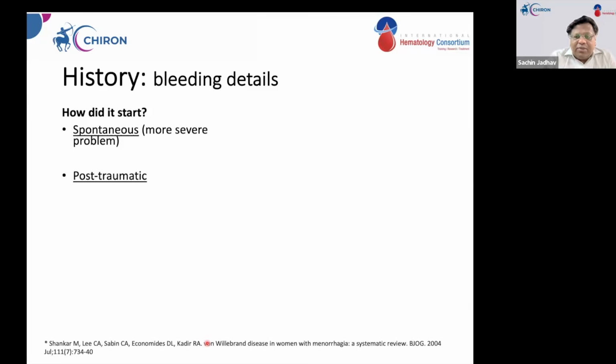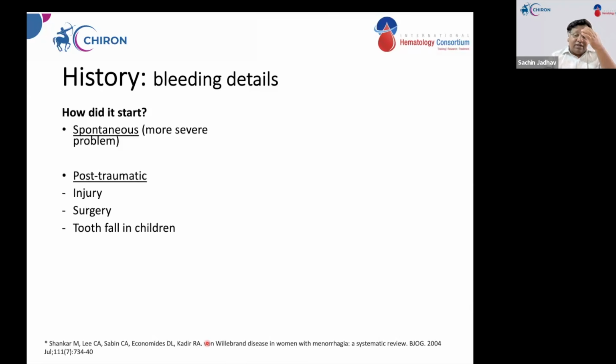And what kinds of trauma are we looking at? The trauma can be an injury, it can be a fall, it can be a road traffic accident, it can be a surgery. Many times, we get a call because there is unusual post-operative or intraoperative bleeding. Surgery is also a kind of tissue injury, right? It's a trauma.